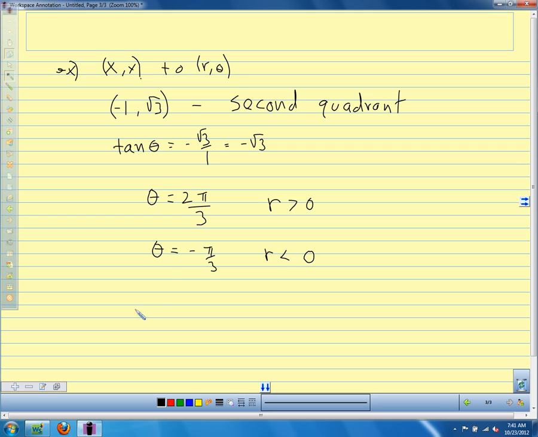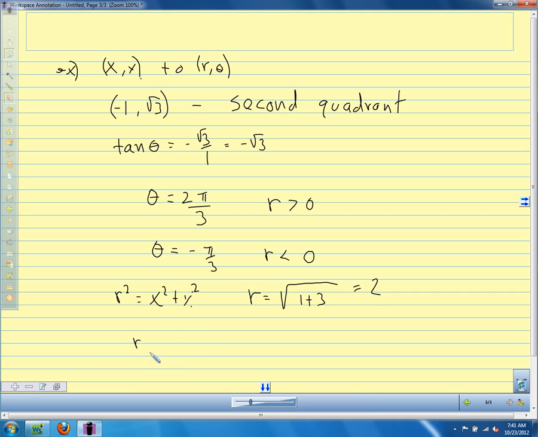And r, we said r squared is x squared plus y squared. So in our case, r would be the square root of 1 plus 3, which would be 2. So we have a couple of choices here for our representation.